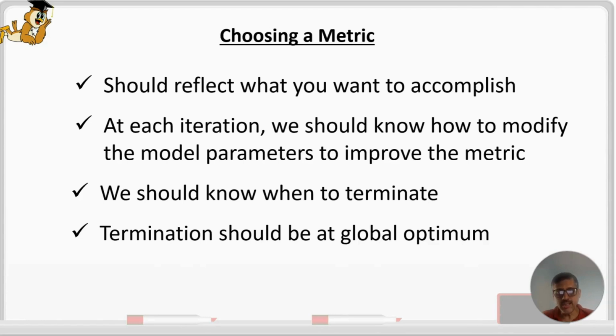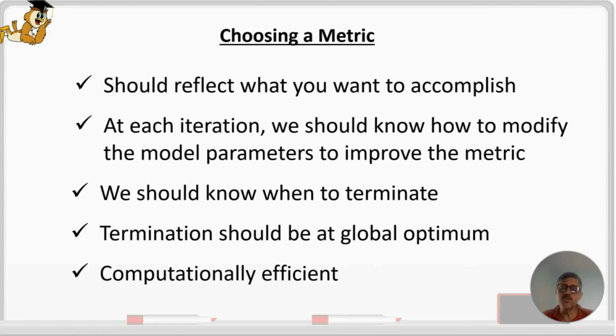If you want any sort of guarantees that the answer where you have stopped is the best possible answer, the global optimum as I called it, the selection of the metric needs to be suitable, appropriate, right? So choosing certain metrics will lead to the global optimum via iterations. Choosing other metrics may not necessarily bring you to the best possible answer, okay?